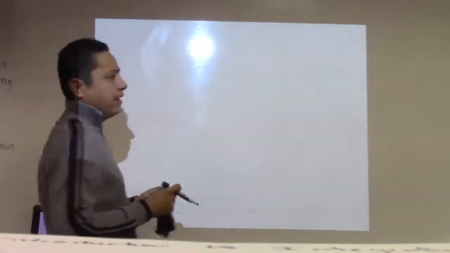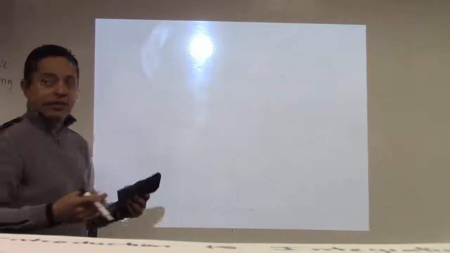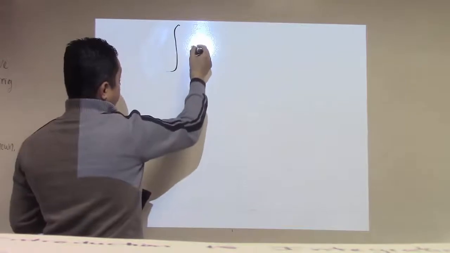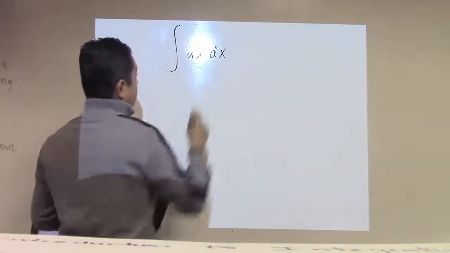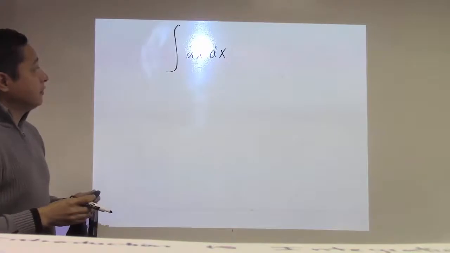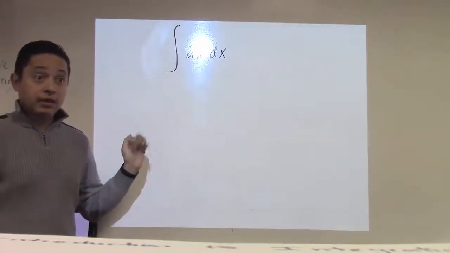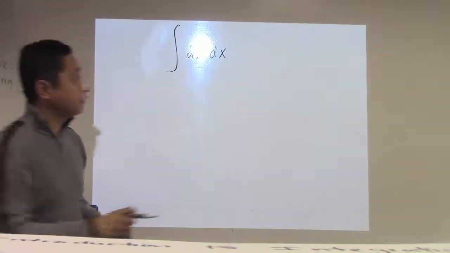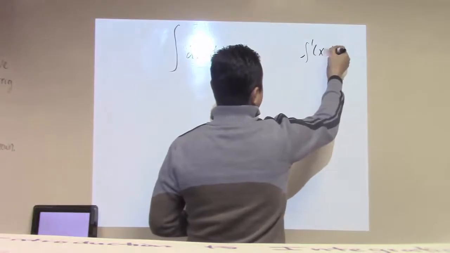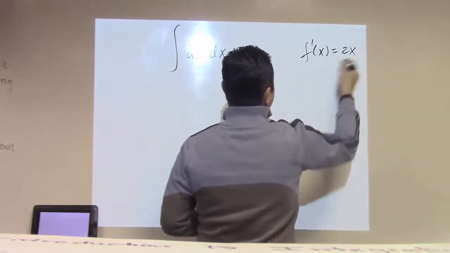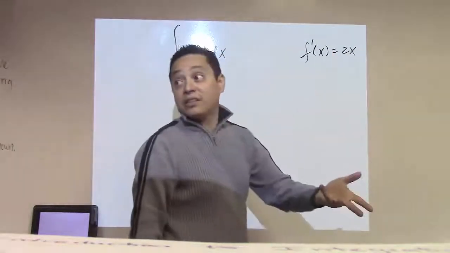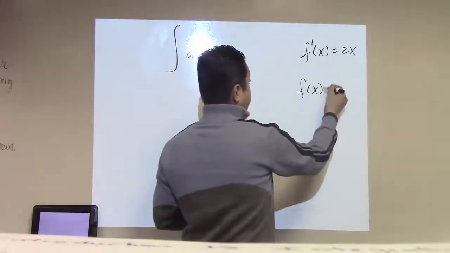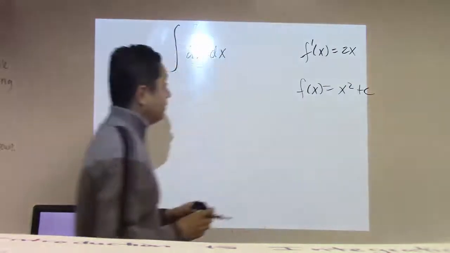But another way that you can be presented with a problem where you have to take the antiderivative is if they give you something that looks like this. See, there's no equal sign on here. Like on the other function, it had f prime of x equals 2x. Right here, I literally ask you in plain English, take the antiderivative of this, and that's where you got f of x equals x squared plus C. Same thing here.